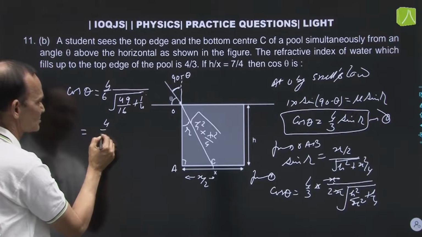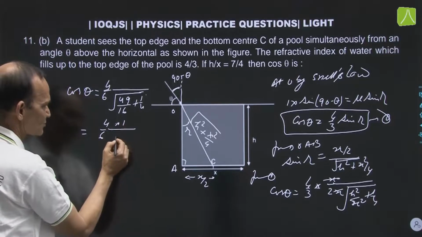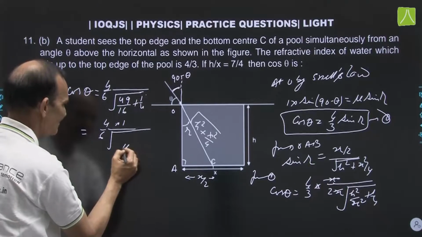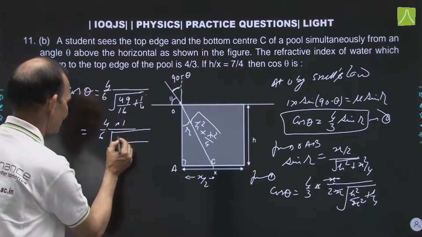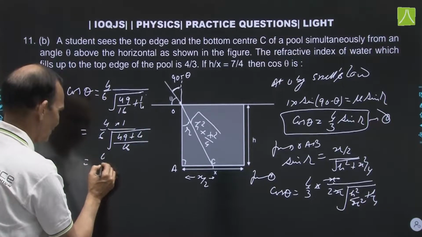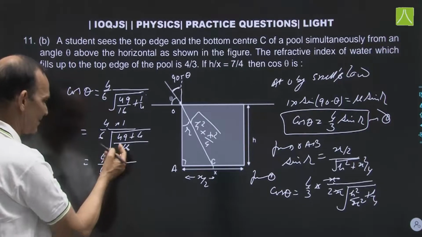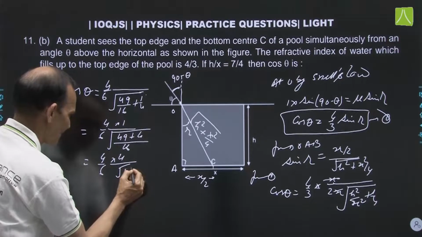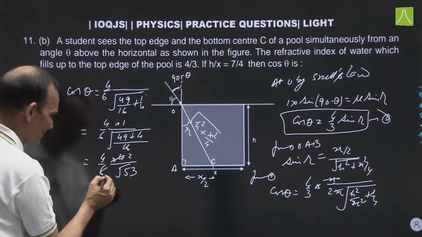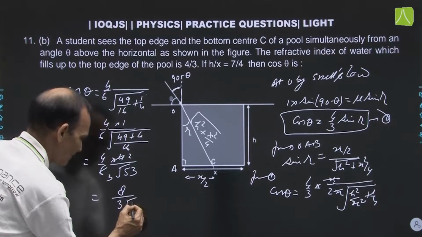It is 4 by 6 into 1 upon the square root of 49 by 16 plus 1 by 4, LCM is 16, so 49 plus 4, that will be 4 by 6 into 4 divided by root 53, that is again 2 times, 3 times, that is how much? 8 by 3 root 53.